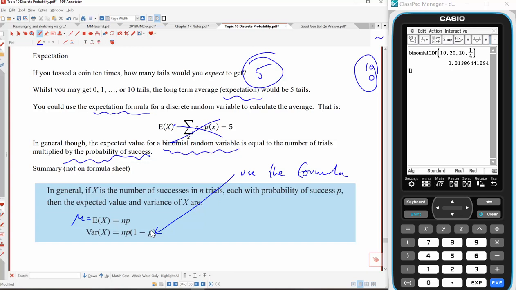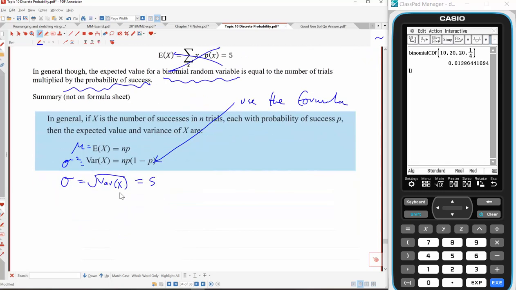So when we want to calculate the variance, it's derived by doing n times p multiplied by 1 take p. That's going to give us this thing called sigma squared, which is equal to the variance. Now, one more measure is sigma, which is equal to the square root of the variance, which is actually the standard deviation.